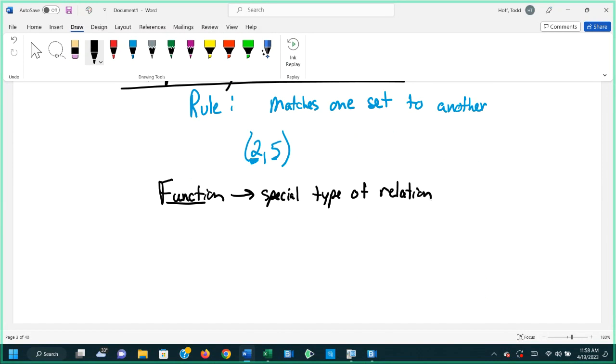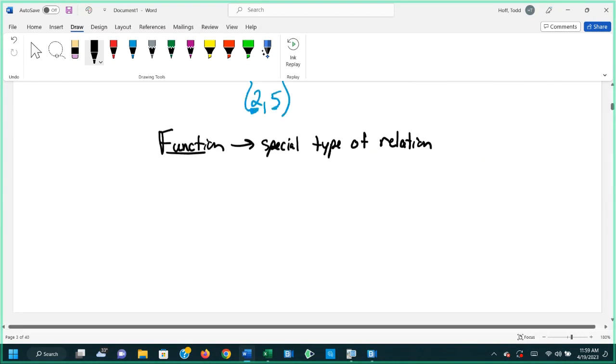The inputs, what we call the domain values, meet certain requirements. The outputs, or the range values, meet certain requirements. And then reversibility and invertibility and stuff like that get involved as well. We're not necessarily concerned about whether something is a function or not. We're just looking at the relation and how we represent it.